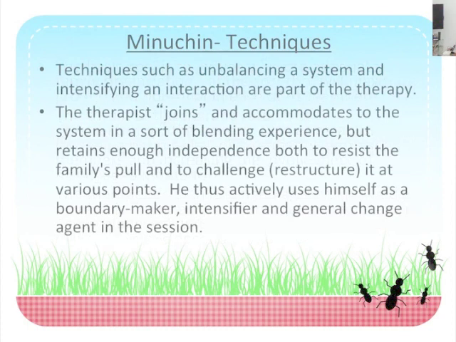There are techniques such as unbalancing a system and intensifying an interaction that are part of his therapy. The therapist joins and accommodates to the system in a sort of blending experience, but retains enough independence both to resist the family's pull and to challenge and restructure it. Thus, he actively uses himself as a boundary maker, intensifier, and general change agent.